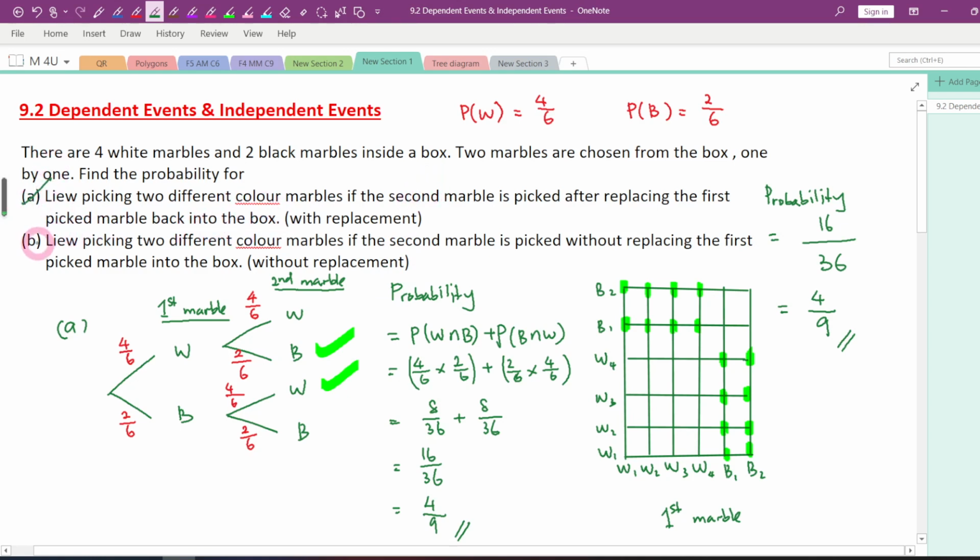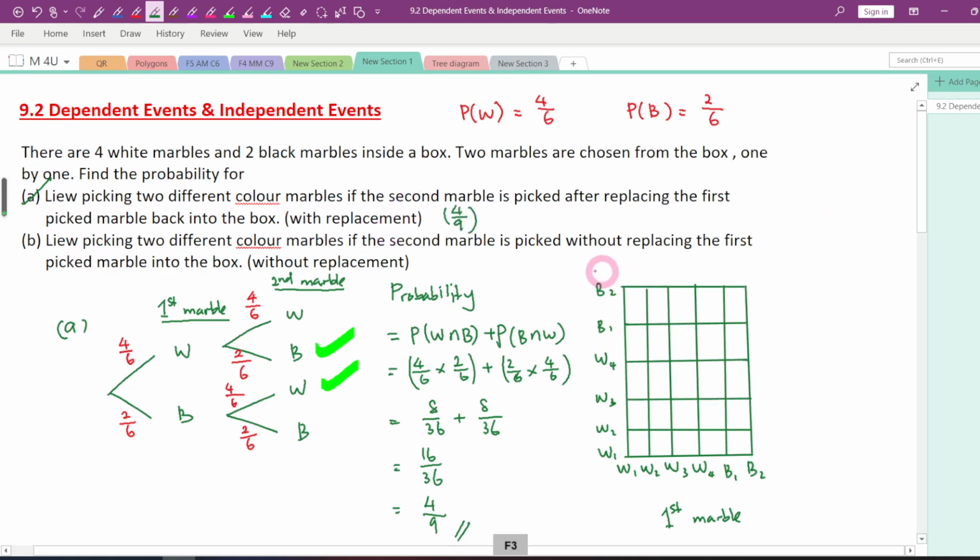Now let's go to the second situation, without replacement. Without replacement means that the first time you pick, there are 6 marbles inside the box. The second time, there are only 5 marbles inside the box. But we still can draw this diagram. It's okay, 6 is okay. But we need to be more careful.